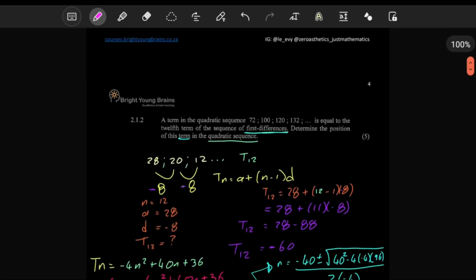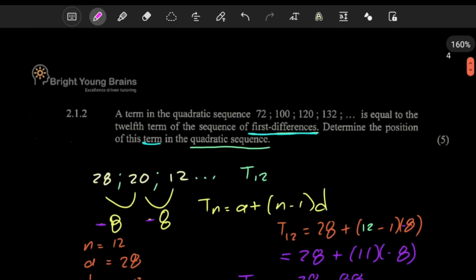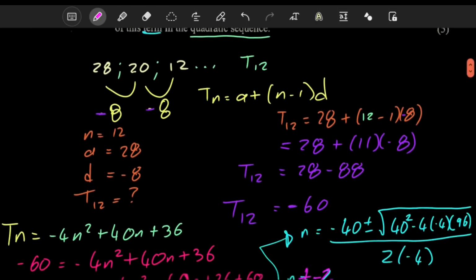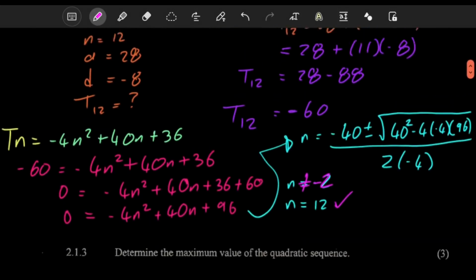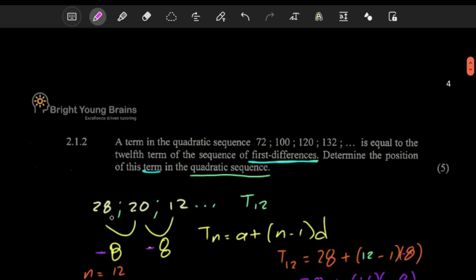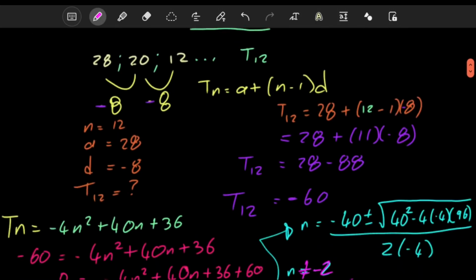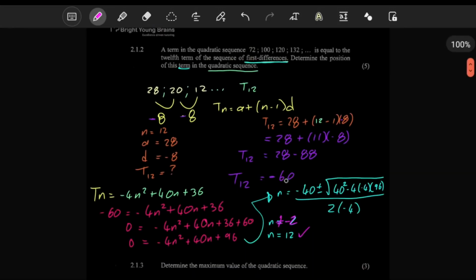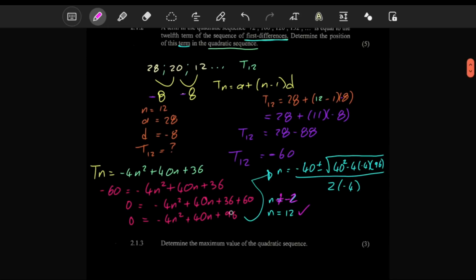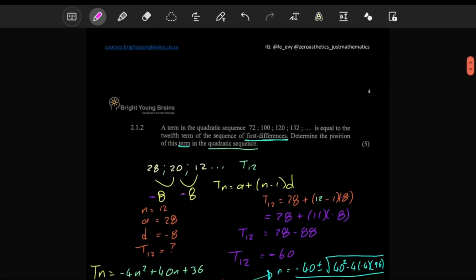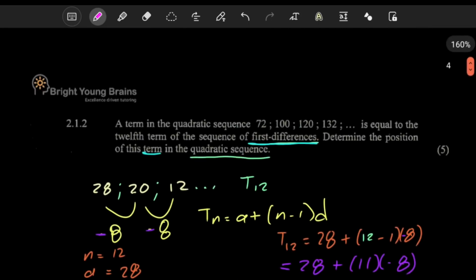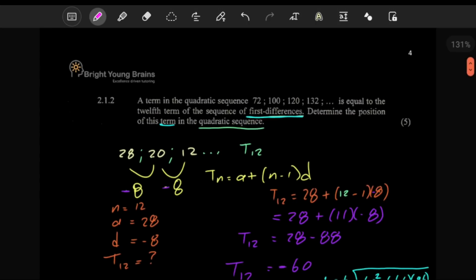We have just seen that the position of this term in our quadratic sequence is 12. So it's a coincidence that in the sequence of first differences the 12th term is -60, and -60 is also the 12th term in our original sequence. That's just a coincidence, so nothing crazy with this question.